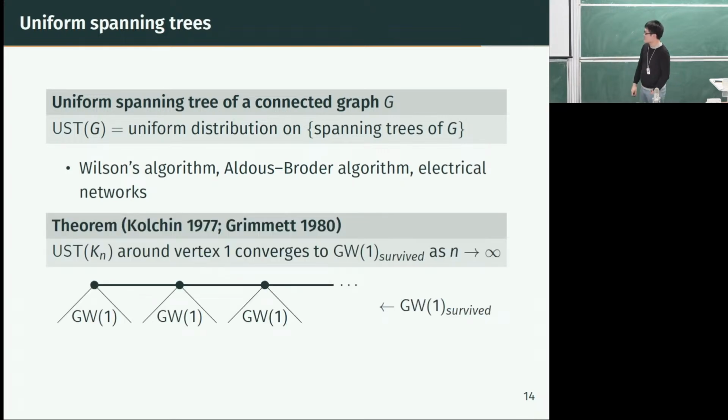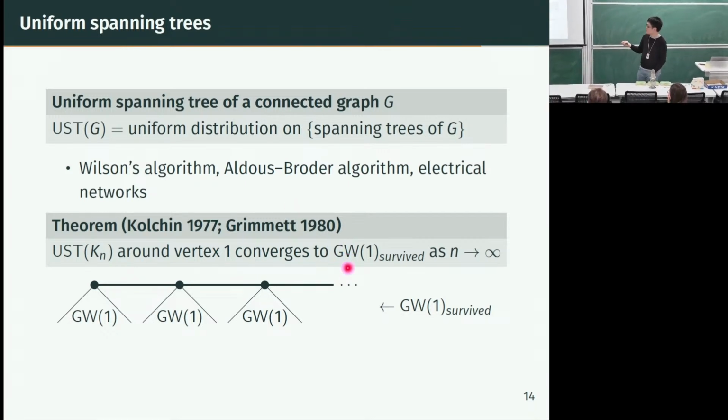Right, and so one classical result, which has a branching process involved in it, is the following result of Kolchin and Grimmett from 40 odd years ago now, almost 50, that says the following: if I look at the uniform spanning tree of the complete graph K_n on n vertices, with n going to infinity, and I look at it rooted at vertex 1, which doesn't really matter for K_n because it's symmetric, then this turns out to converge in a sense to a branching process, which is basically the Galton-Watson branching process with parameter 1 conditioned on the null set event that the process survives.